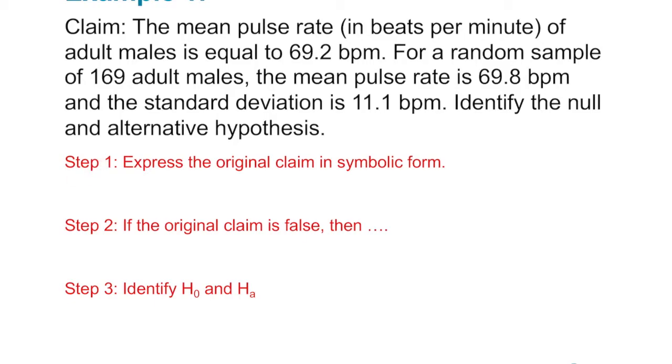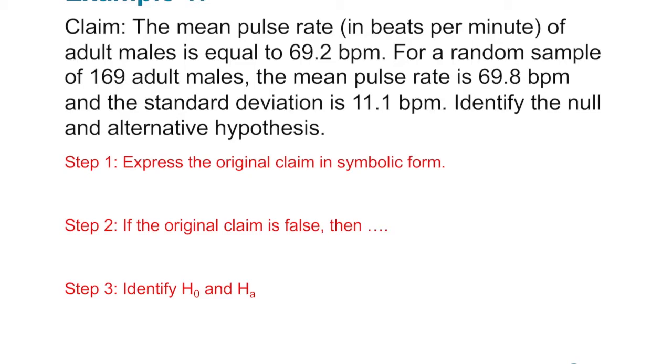Step 1. Express the original claim in symbolic form. So the first thing we're going to do is read the whole problem to see which one is the original claim. The mean pulse rate of adult males is equal to 69.2. For a random sample of 169 adults, the mean pulse rate is 69.8 and standard deviation is 11.1. How do I know which one is the original?